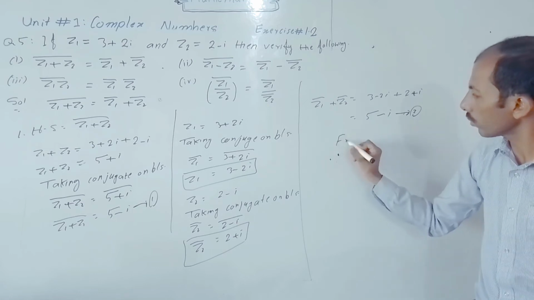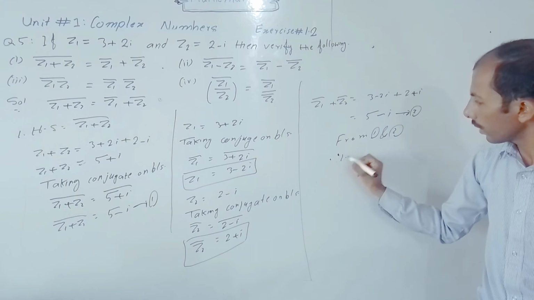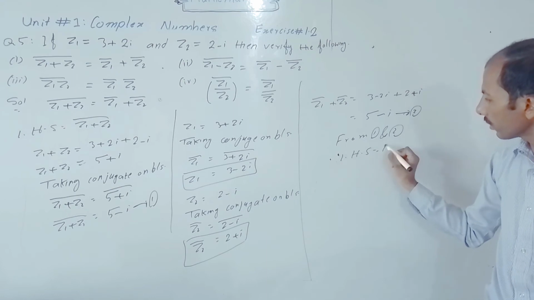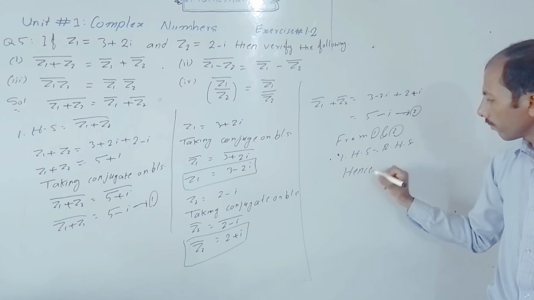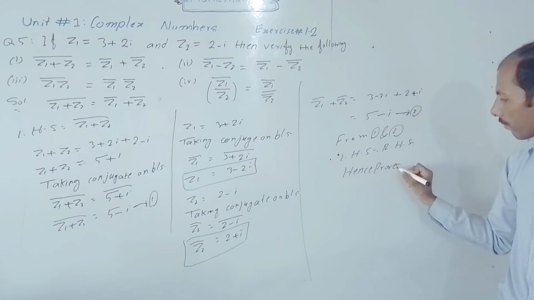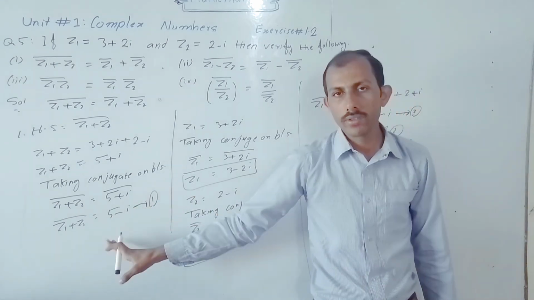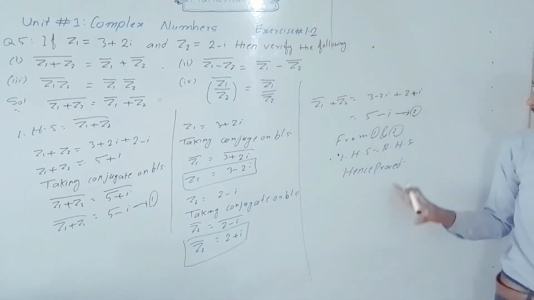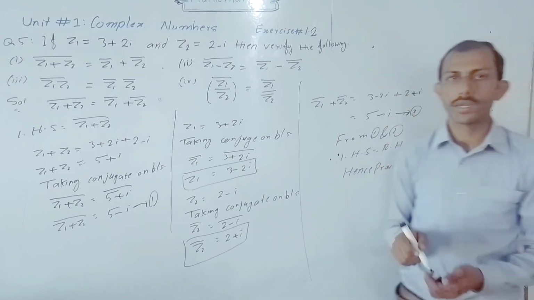From 1 and 2, left hand side is 5 minus iota and right hand side is 5 minus iota. Left hand side is equal to right hand side, hence proved.